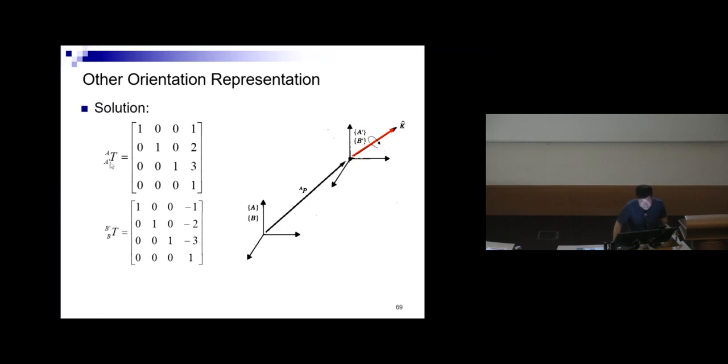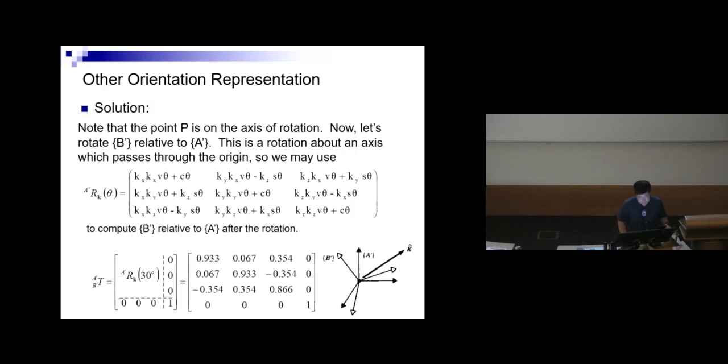So your A, B, A prime T. Your A prime T is essentially a translation. In this case, you translate by 1, 2, 3, and then the translation back will be -1, -2, -3. P will be on the point of.